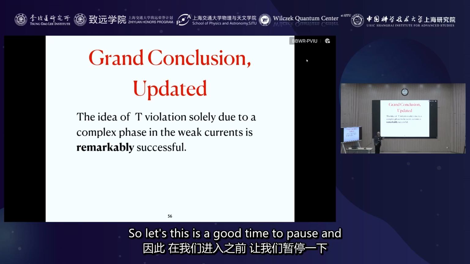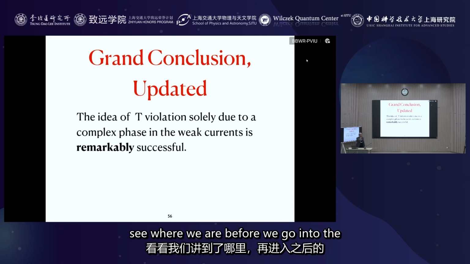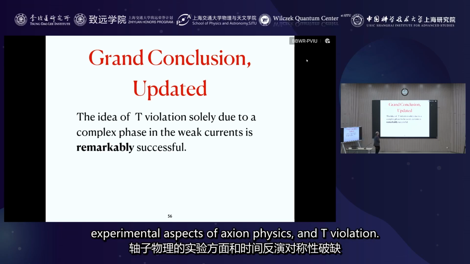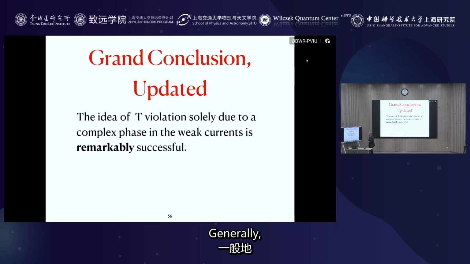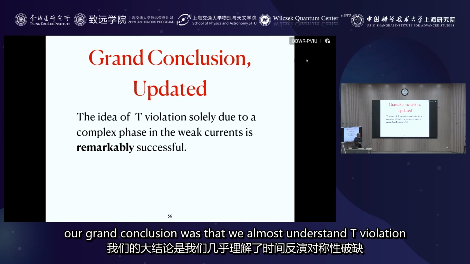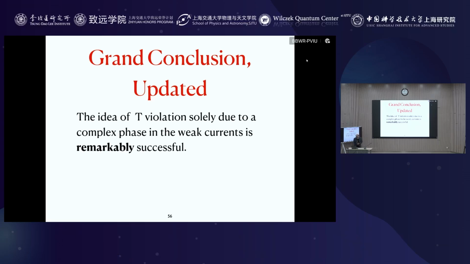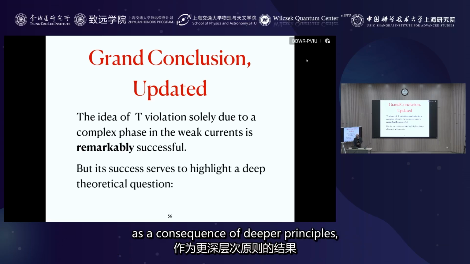So this is a good time to pause and see where we are before we go into the experimental aspects of axion physics and T violation generally. Our grand conclusion was that we almost understand T violation as a consequence of deeper principles.